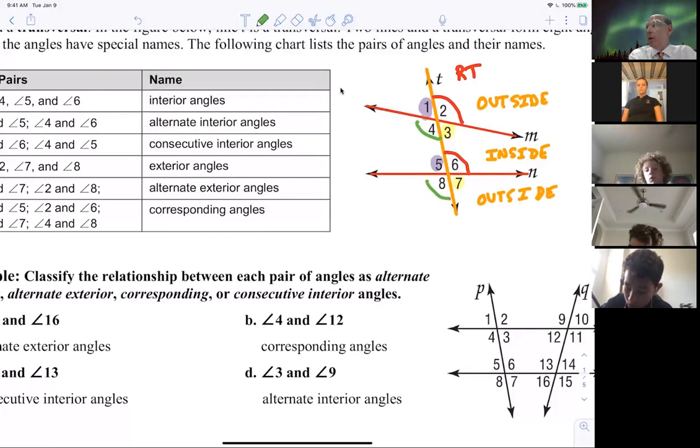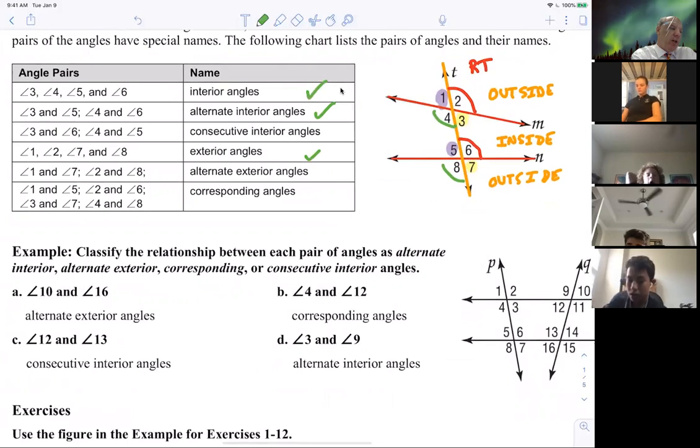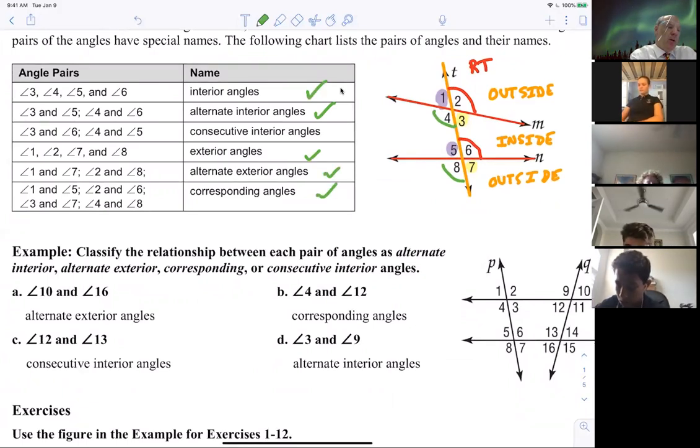All right, is everybody happy with that explanation? So we have the interior angles, alternate interior angles, exterior angles, alternate exterior, and now corresponding.